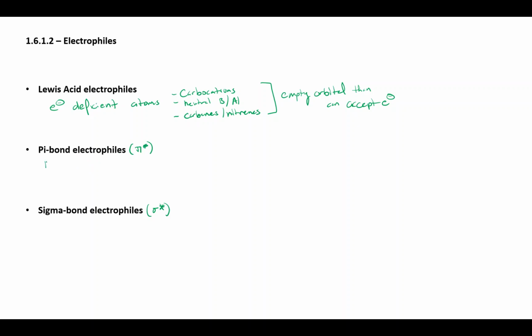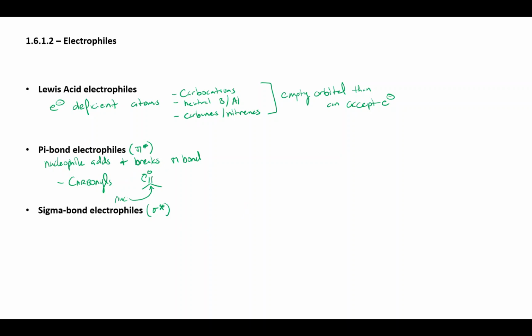With pi bond electrophiles, the nucleophile adds and breaks a pi bond. Carbonyls are the big example of this. Every time we add something to a carbonyl, our nucleophile comes in, we break that C=O pi bond, and make the lone pair on the oxygen. This ketone here is a classic pi bond electrophile.